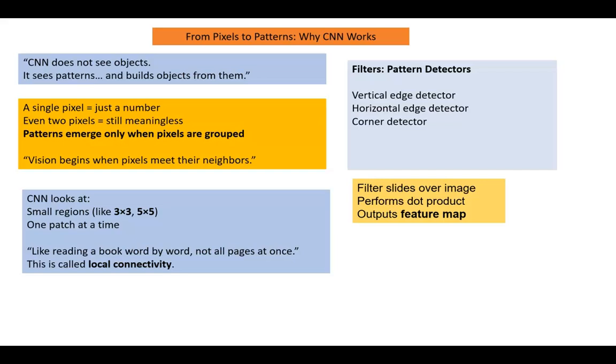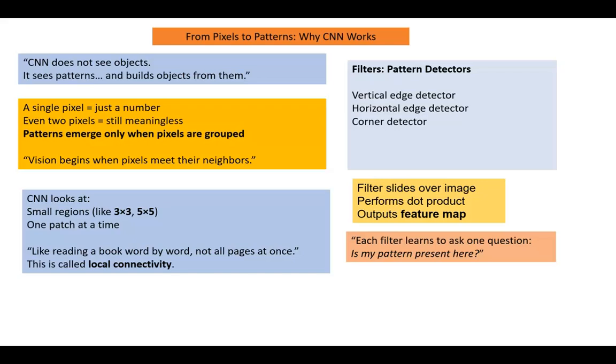And the output of this will be a set of feature maps. Each filter learns one question: is my pattern present here or not? If my pattern is present here, then the meaning is rendered.